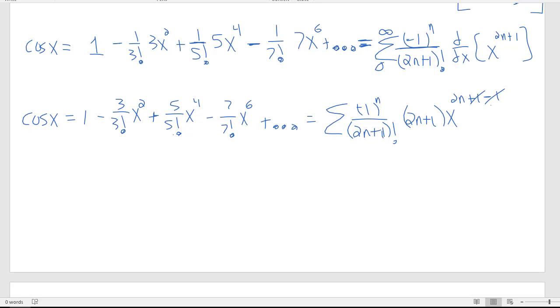So we had the function 1 over 1 minus x. We found a power series for 1 over 1 plus x through algebraic manipulation. And then we took 1 over 1 plus x. We created the function 1 over 1 plus 3x through algebraic manipulation. And what we have done here is we've taken the known series for sine x, and instead of using algebraic manipulation, we're using the derivative operator, and we've created another power series, this time for the function cosine x.